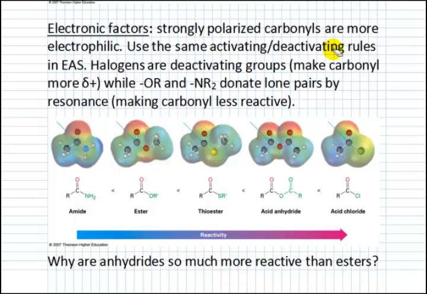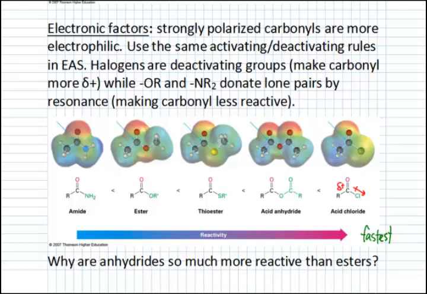Halogens, remember, deactivated a benzene ring by withdrawing electron density from it. They make the carbonyl more electropositive, so that means that the acid chlorides are the most reactive. They react fastest with a nucleophile because the carbon is the most positive of all of them.